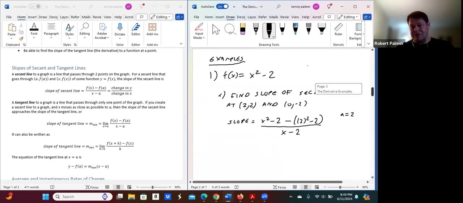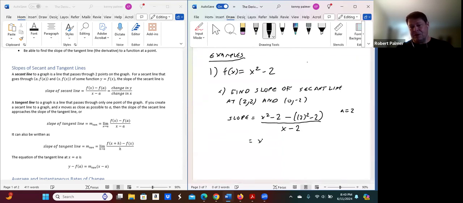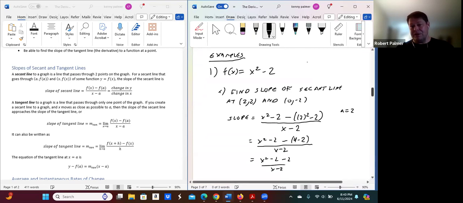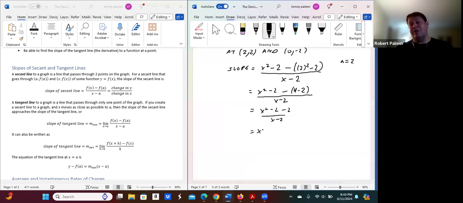If I simplify this, x squared minus 2 minus 4 minus 2 over x minus 2, that's going to be x squared minus 4 over x minus 2. Okay, so that's the slope of the secant line.